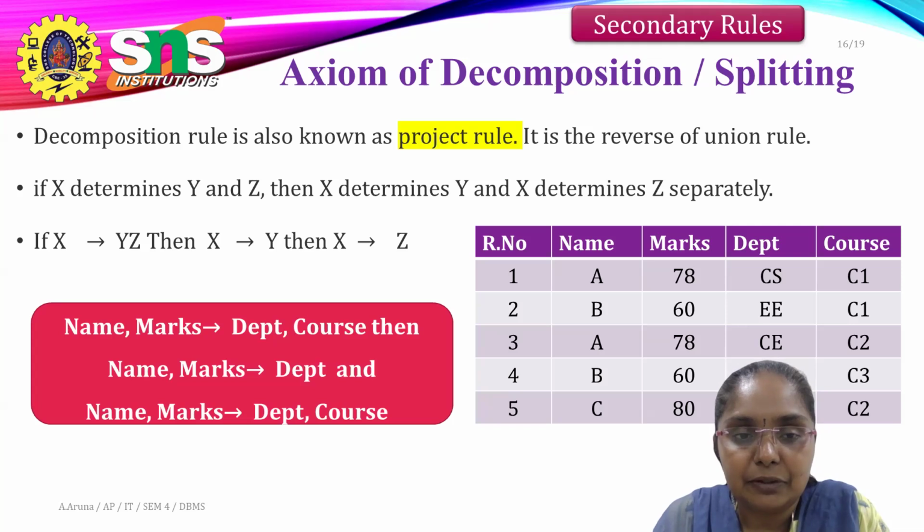Through that, we can separate the RHS part, not the LHS part. For example, name and marks determine department and course. Then name and marks determine department, and name and marks determine course. This is how we can split, and this is called decomposition.